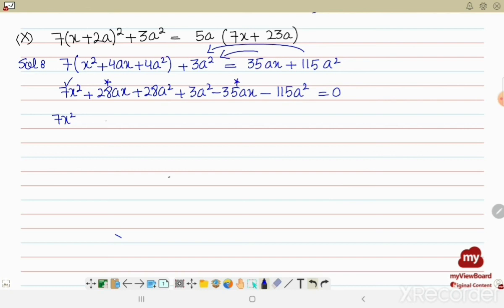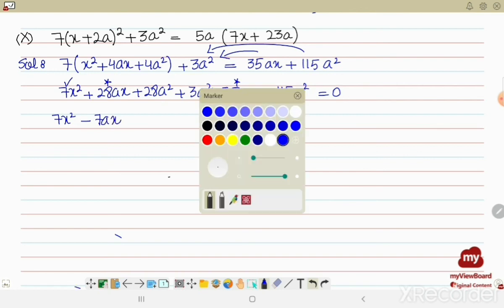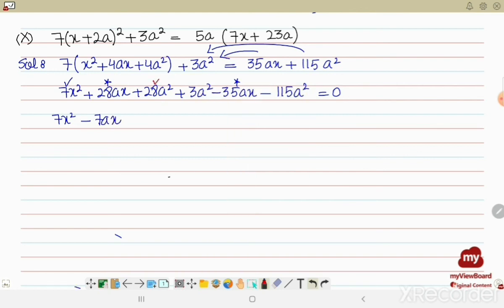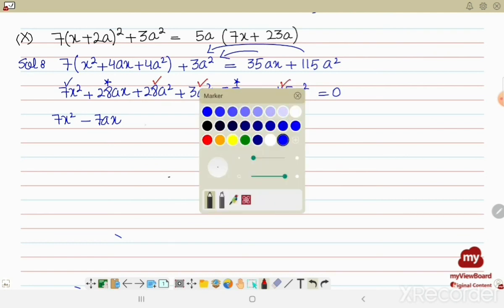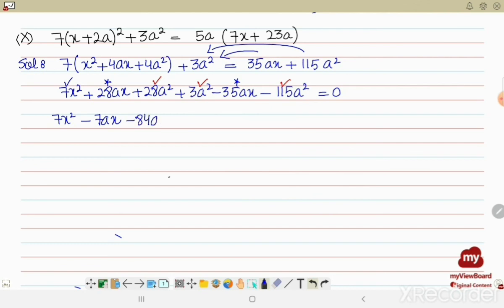It comes out to be minus 7ax. And then we are having this term of a square, a square, a square. When you solve these three terms, we'll get minus 84a square equals 0. So we have converted the given equation into standard quadratic form.